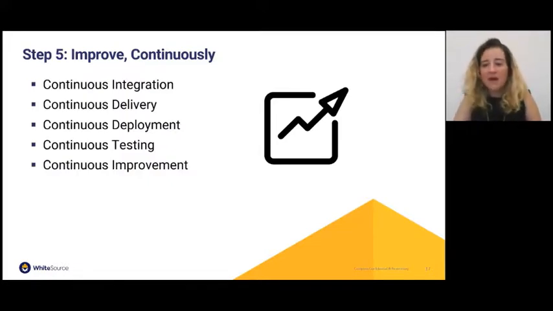Maybe it's not the best process. Maybe not all the organization is already using these methods. But you want to start small, and then you want to continuously improve the processes. So this is a very important step. So don't wait until everything is perfect, until everything is automated. The idea is actually to start somewhere and then improve from that point.